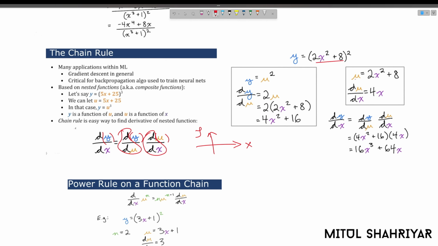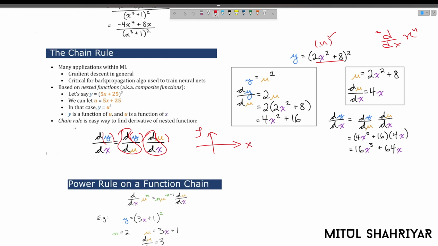If we consider the whole part as u, then it becomes u square. We have learned something for d/dx of x to the power n, haven't we? So for the power rule, we have learned something like that, right?